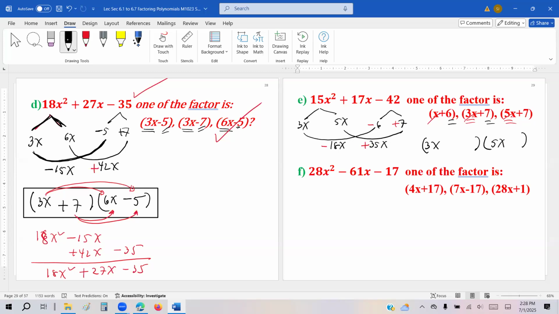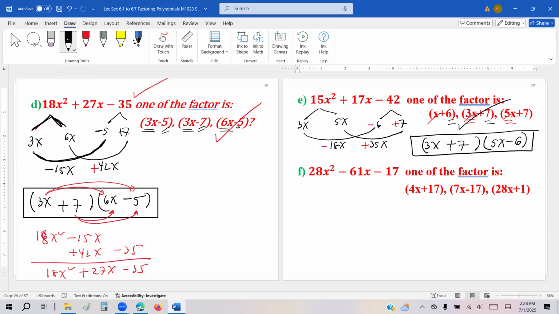The minus 6 has to be next to the 5x. And then 3x will have what number? Good. Whatever you multiply, you cannot have them together. So your negative 6 is here and positive 7 is here. So what is the correct choice? The second one, 3x plus 7.